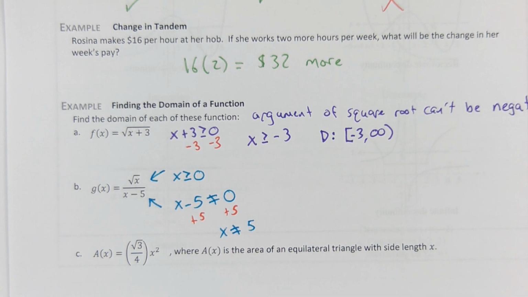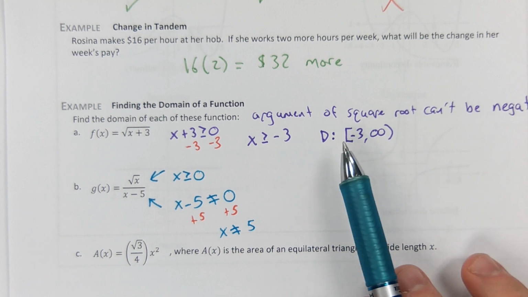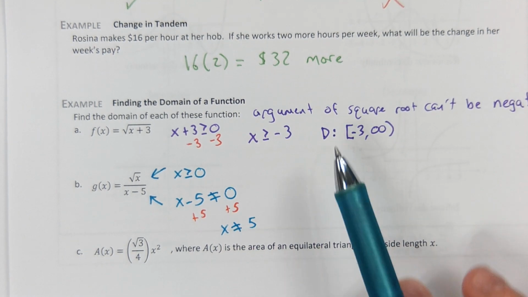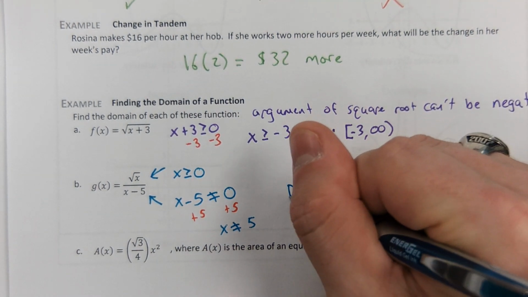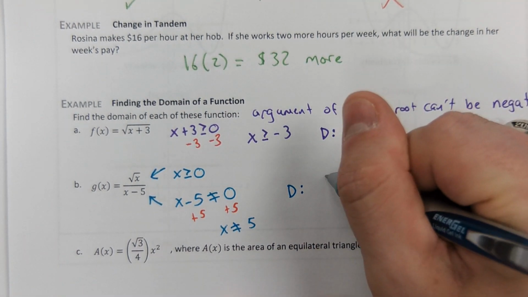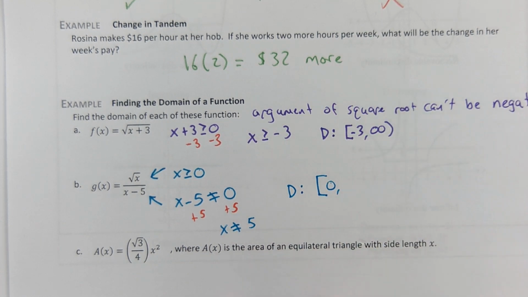So the question becomes, how do we set up an interval that says all the numbers greater than or equal to 0 except for 5? Just in case we're not sure, I'm going to go ahead and spell this one out. He said the word, but we're going to need to use a union. There's going to be more than one interval. Our domain will begin at and include 0.